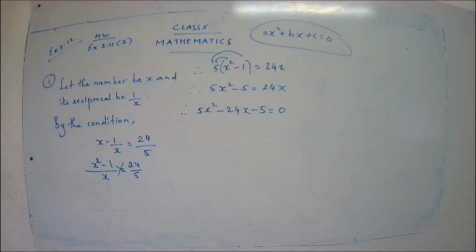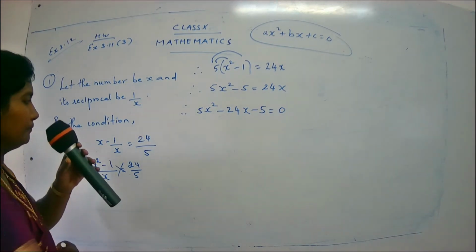So I am going to apply formula method and I just give you the option that you may use any other method. We have three methods. I have told you that from three you can choose any one. You have your own choice of choosing the method. Okay children? Okay.